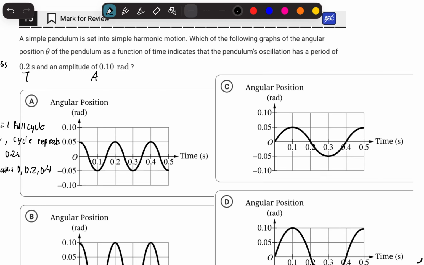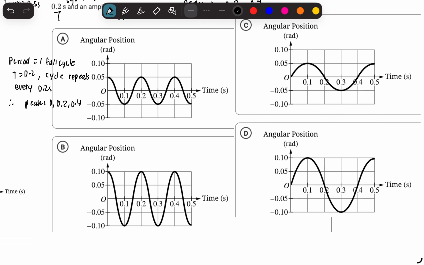And we want 0.2 as our period for a cycle repeat. So we want peaks at 0, 0.2, 0.4, and we can see that pretty much matches here. So now let's move on to our next question.